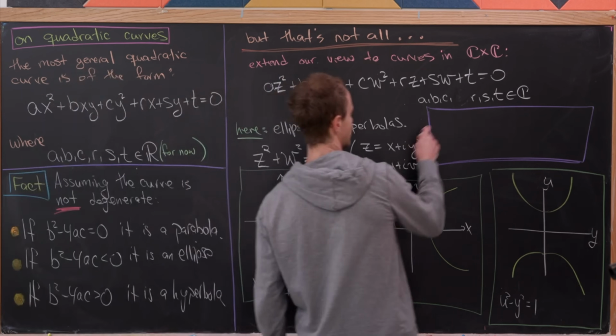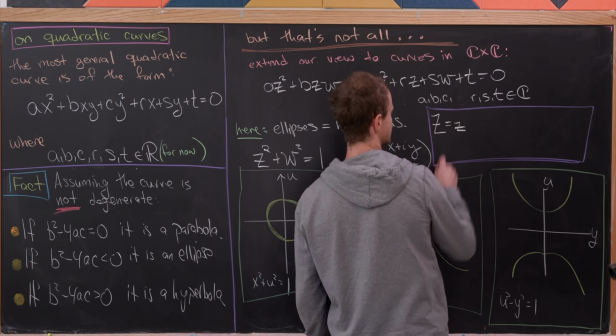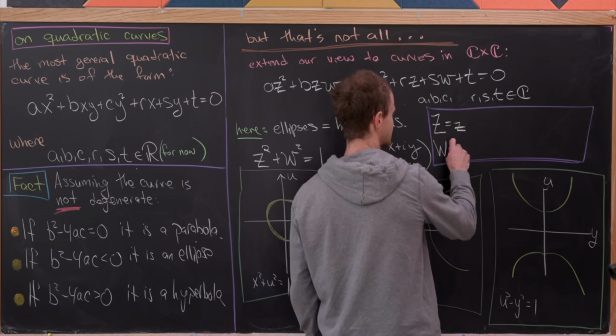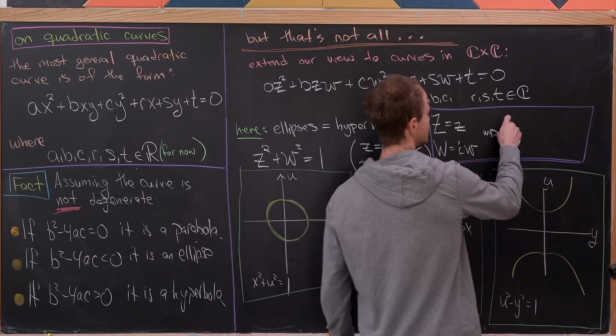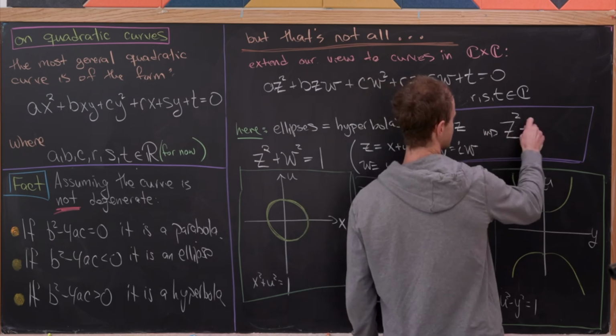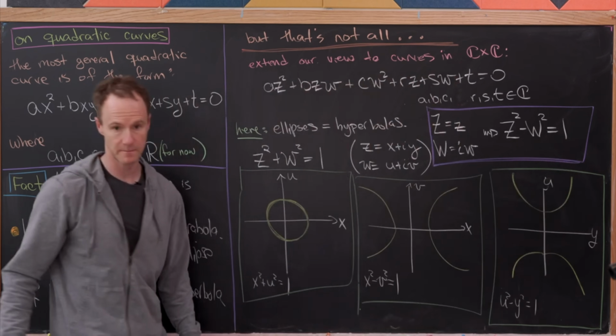It would be something like this. Let's take capital Z and set it equal to little z, and take capital W and set it equal to i times little w. That's obviously going to give us capital Z squared minus capital W squared equals 1.